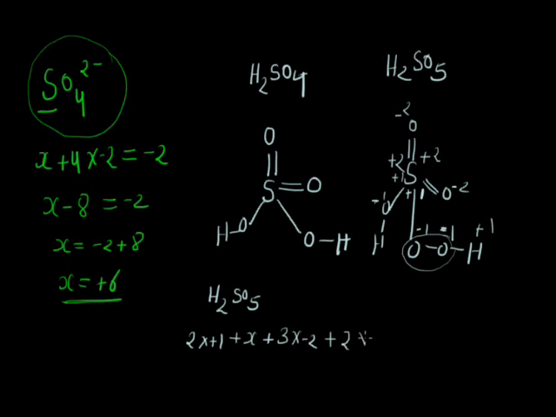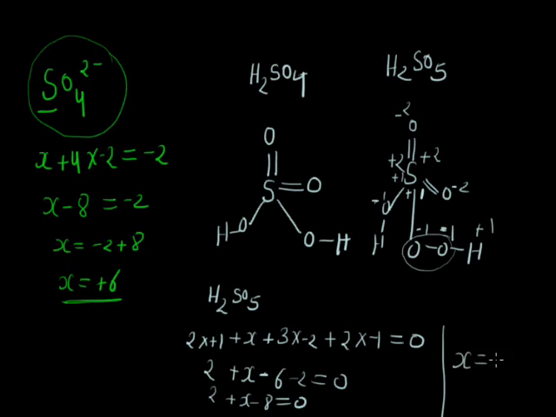So 2 into minus 1. Now 2 plus x minus 6 and minus 2 becomes 0. Now 2 plus x minus 8 equals 0 and x equals 8 minus 2, that becomes plus 6.